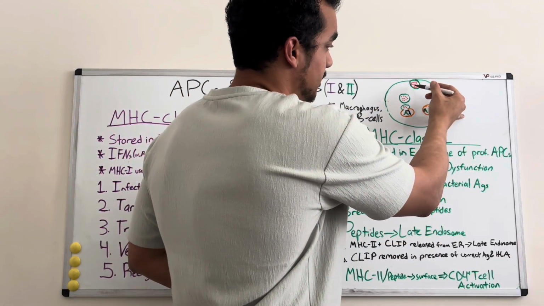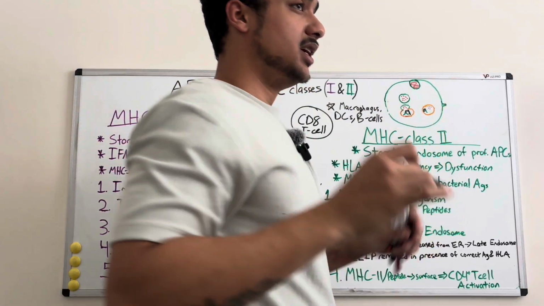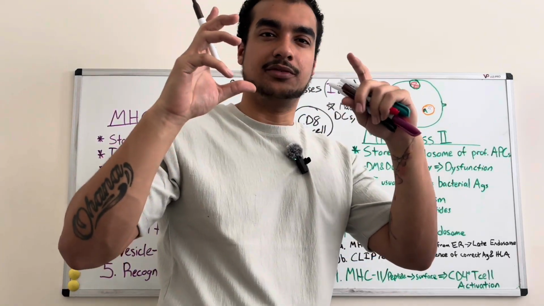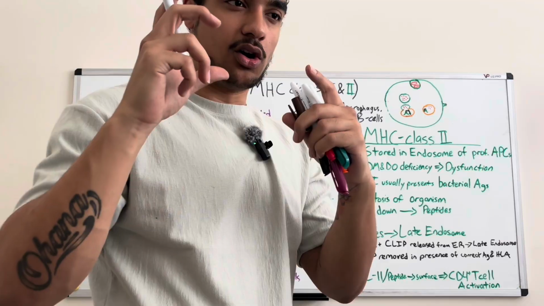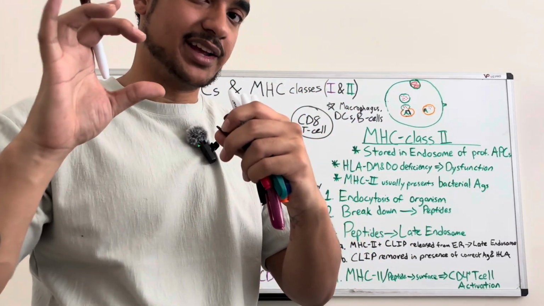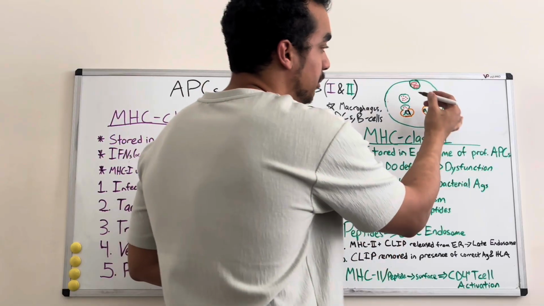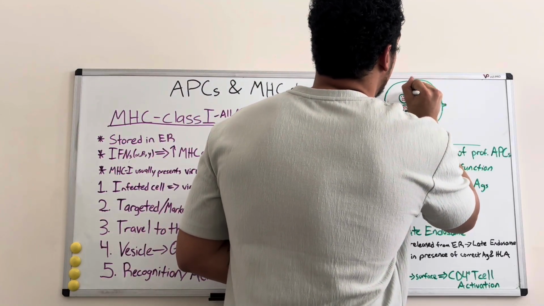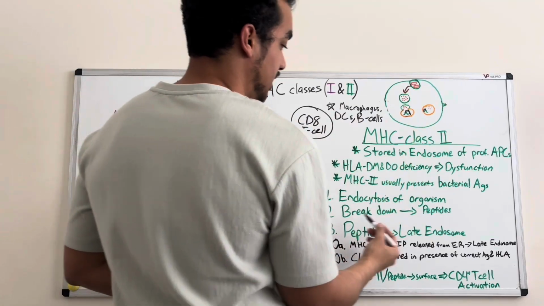It's going to end up endocytosing this, and this early endosome or phagosome already has some slight acidity and some slight proteolytic activity. So it's actually going to start breaking down this bacteria as soon as it comes in. So you're going to have some broken down peptides, right?